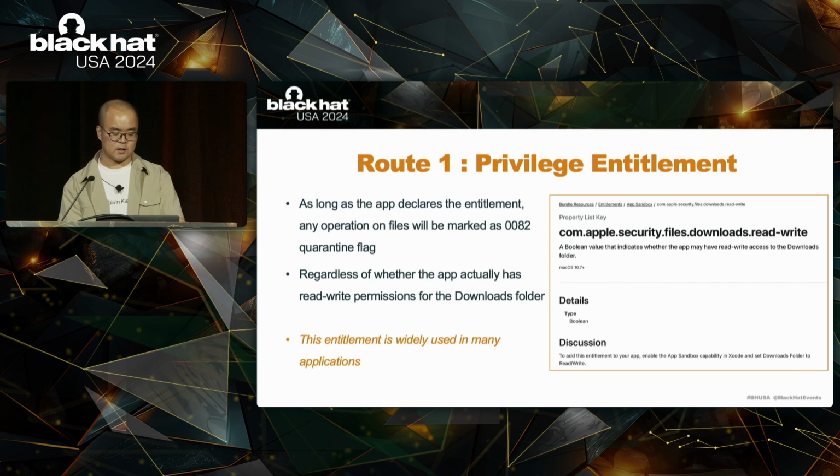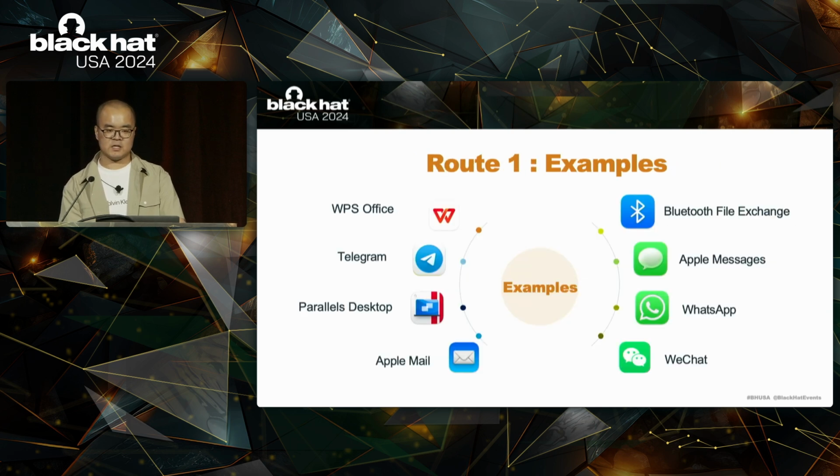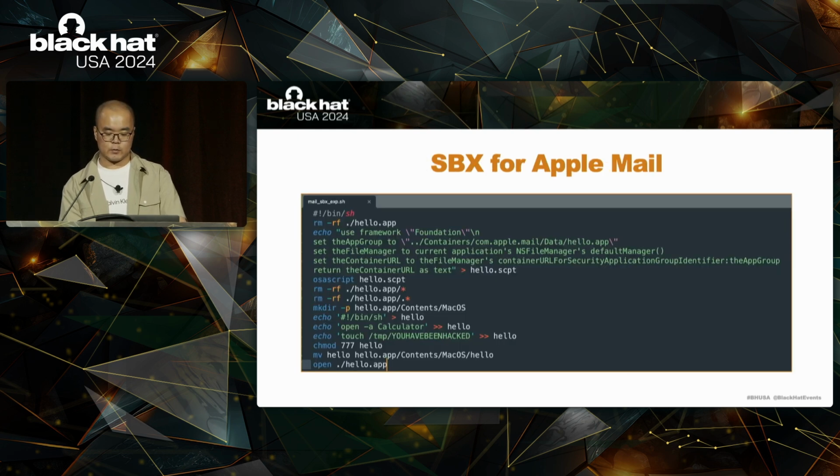This entitlement is widely used in messaging applications, such as Apple Messages, Apple Mail, WhatsApp, WeChat, and Telegram. So for these apps, we only need a vulnerability that allows the creation of arbitrary folders to achieve a SBX.